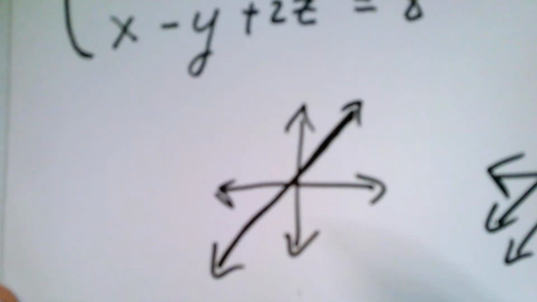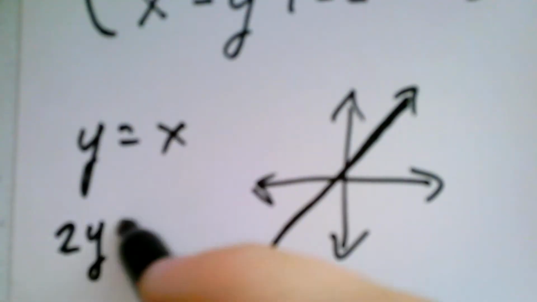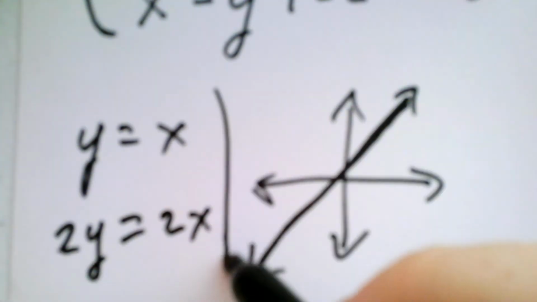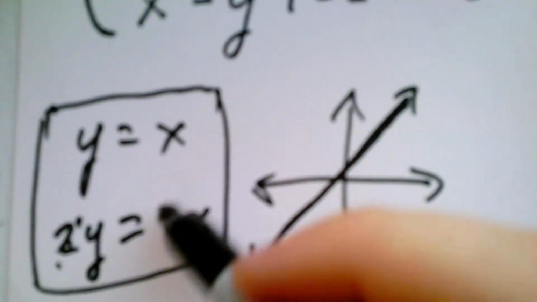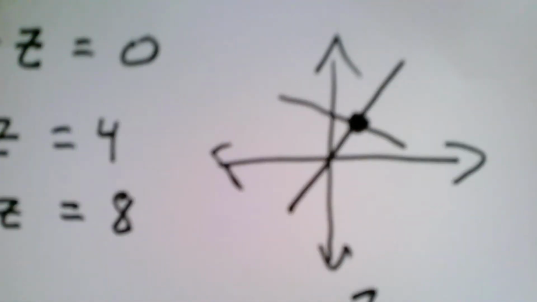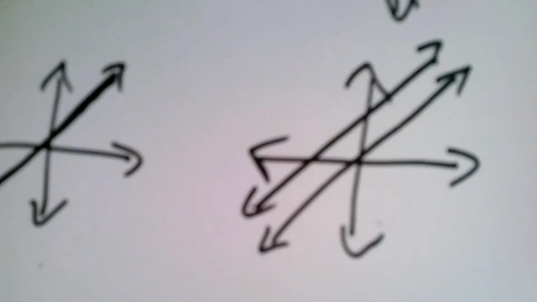For example, if I had the equations y equals x and 2y equals 2x, they look like 2 equations, but they're really the same line. And we'd see that if we canceled out the 2 in the second equation, we'd get the first equation back.